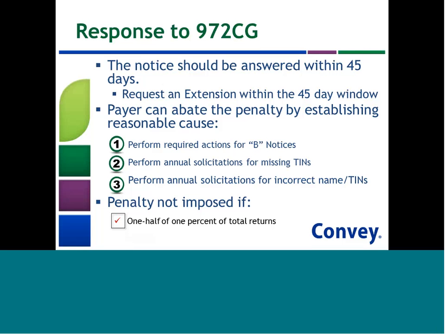The payer can abate the penalty by establishing reasonable cause, and the reasonable cause is going to fall generally in one of these three areas. You performed the required actions for the B notices, you did the annual solicitations for the missing TINs, and you performed the annual solicitations for incorrect name TINs.